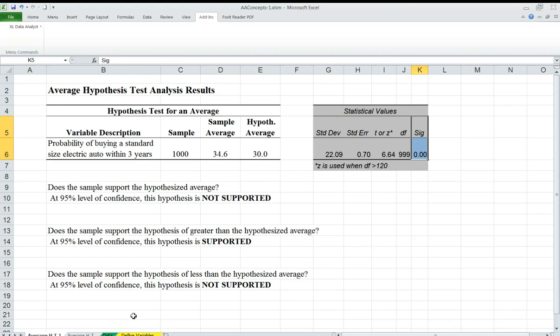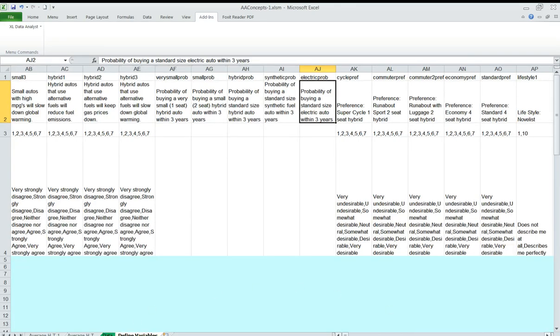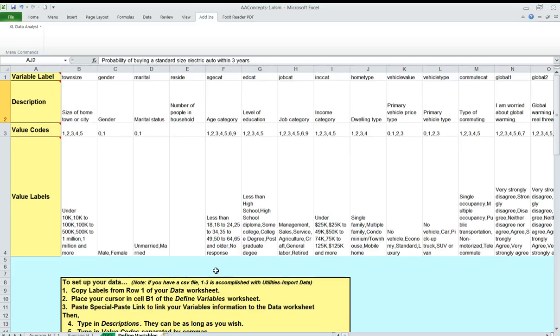If that's it, let's try another hypothesis for proportions. Let's say I would like to see if the proportion of unmarried people is equal to 52%. I read somewhere that unmarried people are more than married people, and I believe that there are about 52%.